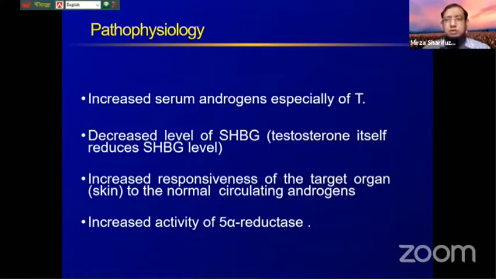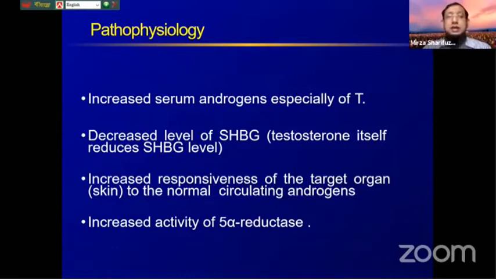So how and why does androgen cause hair growth? As I mentioned earlier, the pathophysiology responsible is, number one, increasing level of testosterone or other androgen. Number two, decreased SHBG. Number three, increased activity of 5-alpha reductase, which will convert the androgen testosterone to DHT, which is the most active form, and increased responsiveness of the hair follicle receptor to testosterone.